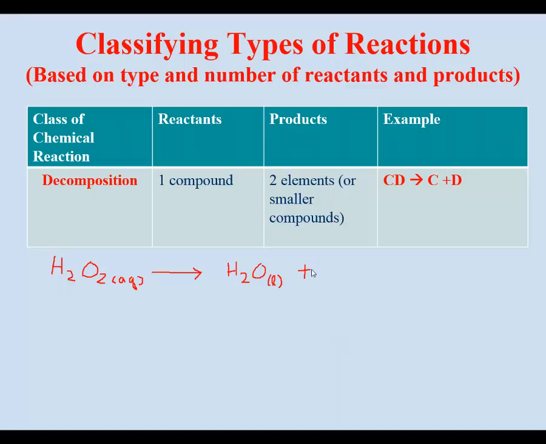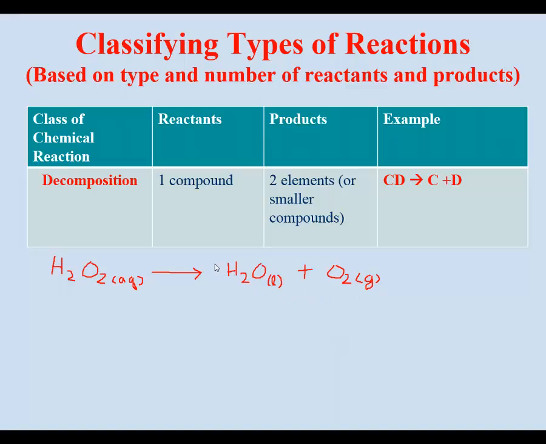And then we end up producing oxygen gas. So that's the bubbles that you tend to see from the hydrogen peroxide. The decomposition of hydrogen peroxide can be sped up by having catalysts. In nature, the catalase enzyme will cause hydrogen peroxide to decompose more rapidly to produce water and oxygen gas.